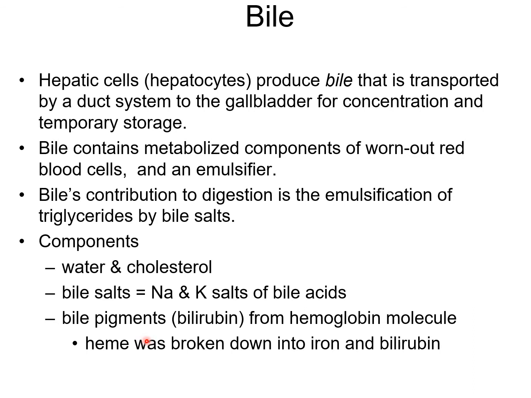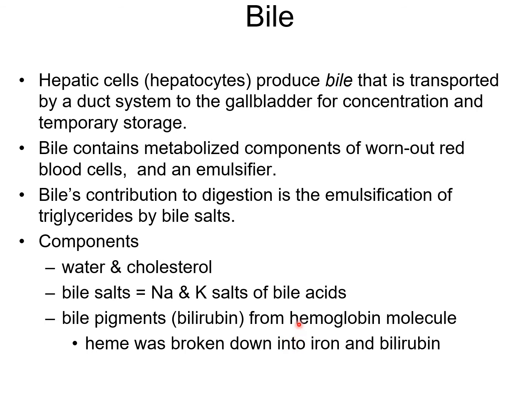The bile has this mean green color to it. Bilirubin is giving the color to the bile, and we looked at bilirubin way back in the blood chapter. Degraded heme is turned into bilirubin by the macrophages of the liver.